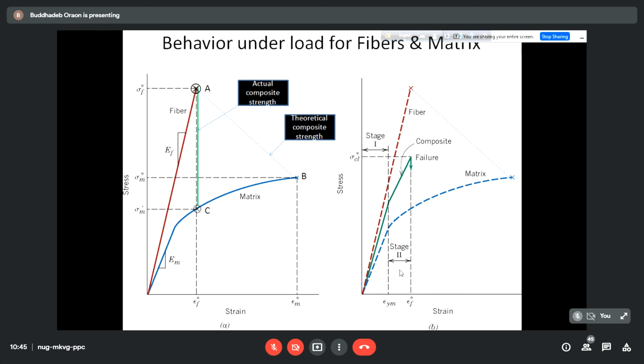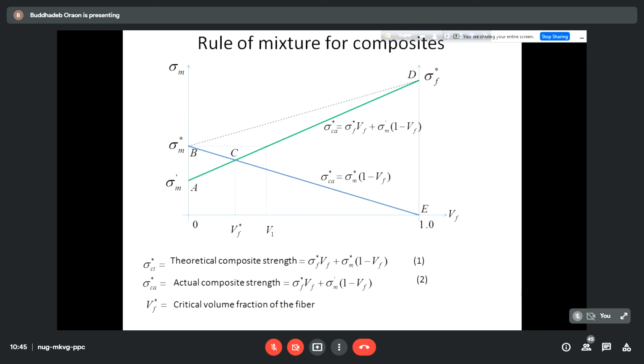So we are going to the next slide. Now this is called rule of mixture of composites. This is used for designing a particular type of composite according to the requirement, according to the need.